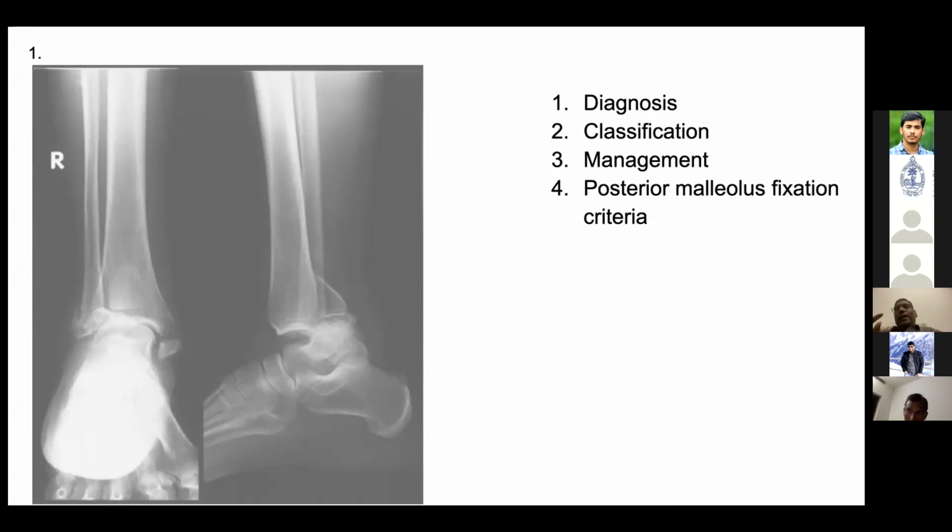By looking at the lateral side, if the fibula fracture is suprasyndesmotic, most of the time it is a pronation, external rotation injury. But if it is at the level of the syndesmosis, most of the time it's supination, external rotation. And as sir said, the majority of cases are supination, external rotation injuries.